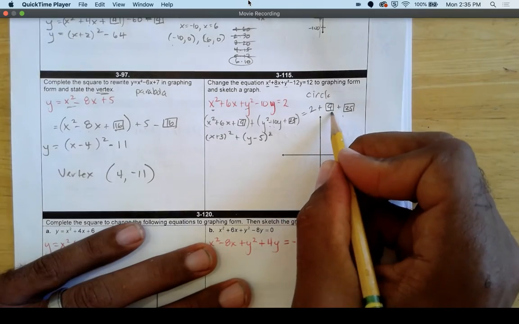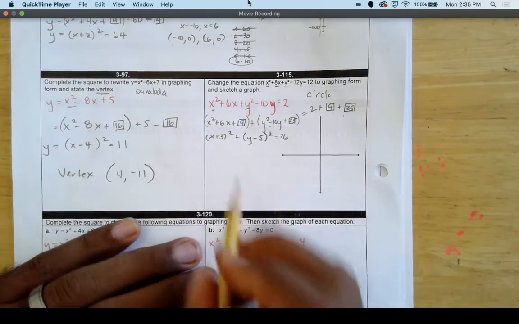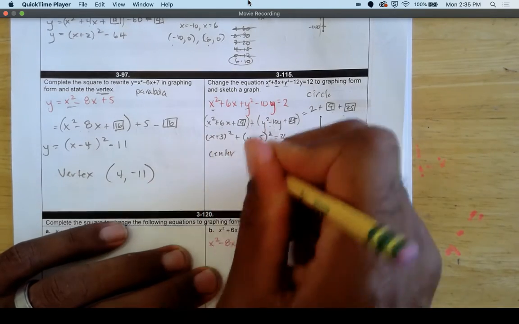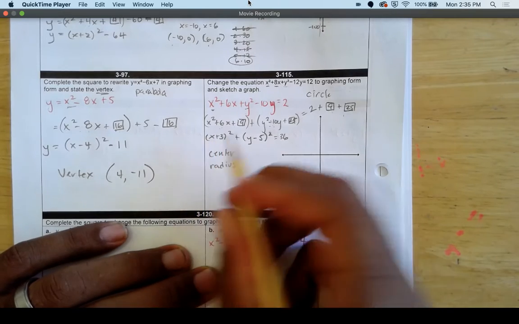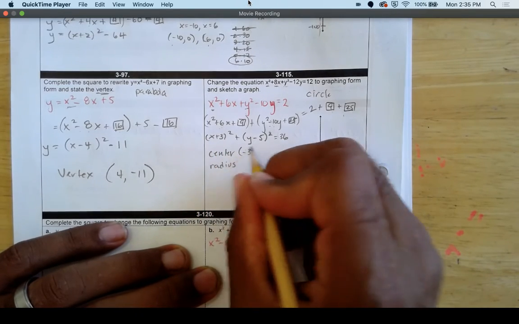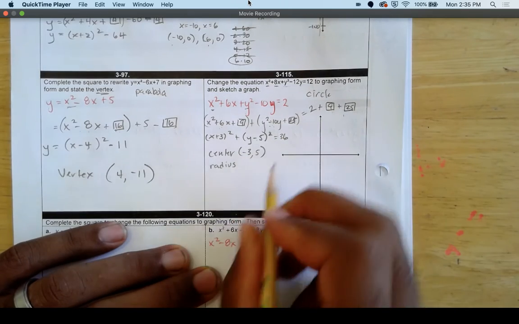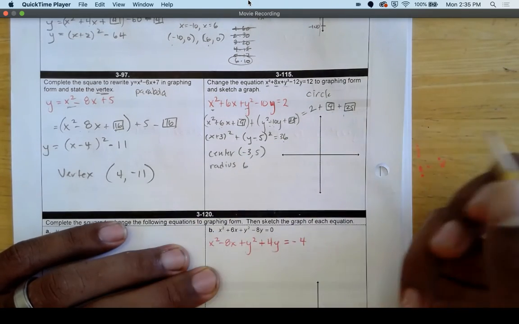And then 9 plus 25 is 34, plus 2 is 36. All right, since we know this is a circle, we need the center and the radius. The center is going to be negative 3, since that's positive, and positive 5, since that's negative. And then remember, we take the square root of the constant, so the radius is 6.